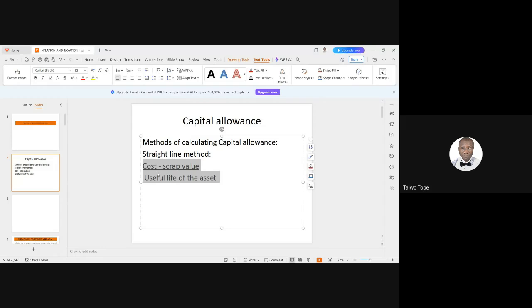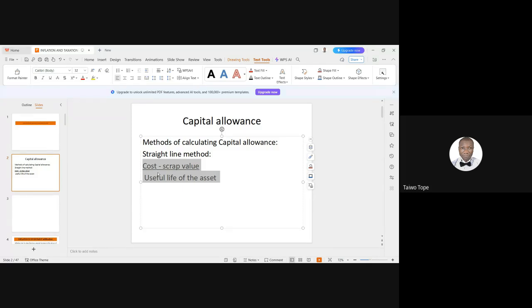So where a question says you should compute capital allowance using the straight line method, all you need to do is go to the question, determine the cost of the investment or asset, less the scrap value where it is given. Some questions will tell you that scrap value will be nil, zero. So where it is not given, it will be cost divided by the useful life of the asset.